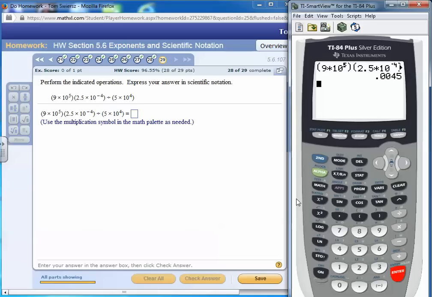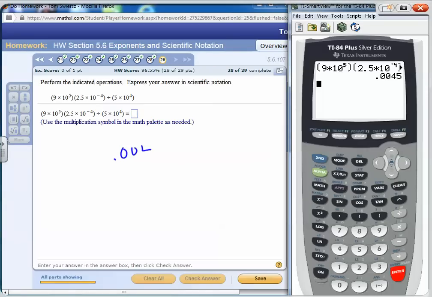So again, 0.0045, we would go ahead and move it over 1, 2, 3 to get one number to the left of the decimal, 4.5. It's a small number, so the exponent is negative, negative 3.